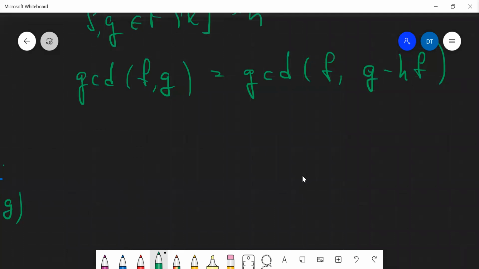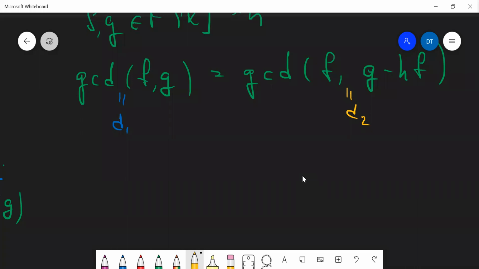Let's see. I want to denote the left-hand side by D1 and the right-hand side by D2. In order to show this equality, again, by definition, what is a GCD? It's a divisor. If we want to prove that D1 equals D2, we need to check all the properties.